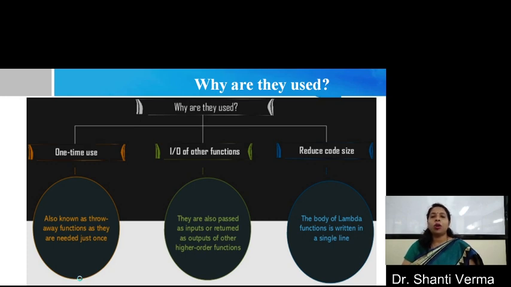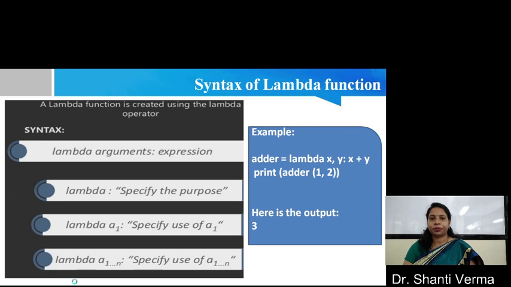For input and output to other functions, they are passed as an input or returned as an output to other higher order functions. Lambda functions are written in a single line, so with their help, we can reduce the code size.